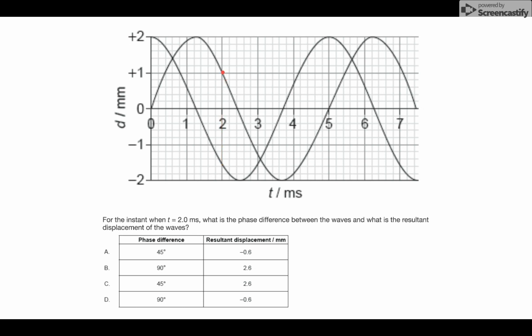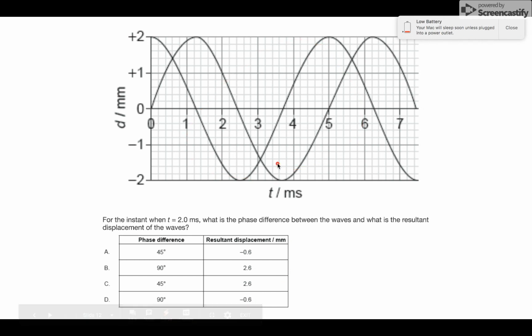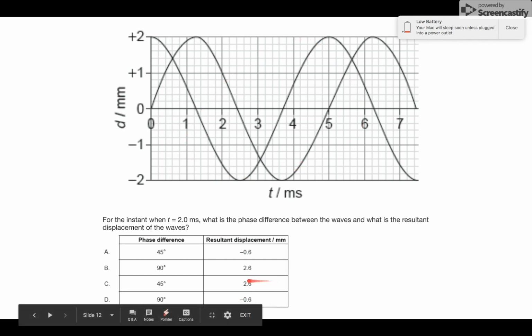So at this point, this wave has a displacement of positive 1.2, and for this wave, if you go down, this is 1.2, 1.4, 1.6, so it's negative 1.6. So negative 1.6 plus positive 1.2 gives you negative 0.4. That's a very quick way to answer this question. Of course, this should take you 1.5 minutes to answer, and that's all you have to do for this one.